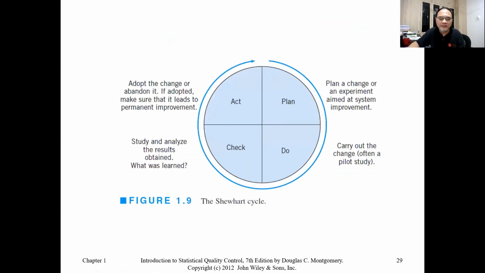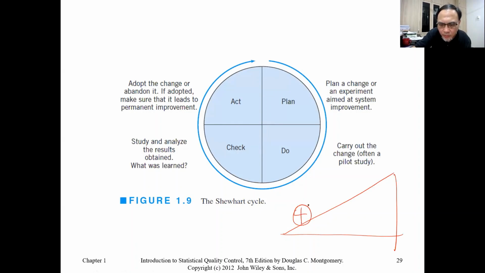So these are opportunities for improvement if we start understanding this. And PDCA. Those who are in the quality field will definitely know what PDCA is. PDCA is: plan a project, a change or experiment. Do the project. Check it out, study and analyze the results, what was learned and whether it's effective or not, then act upon it. If you continue doing this PDCA, it's like a level.